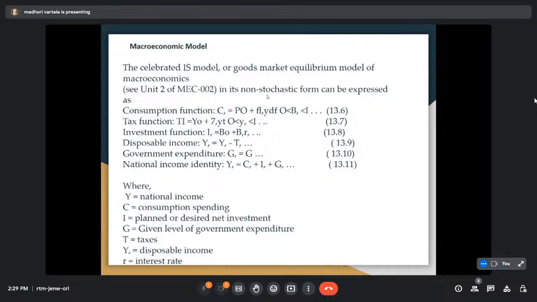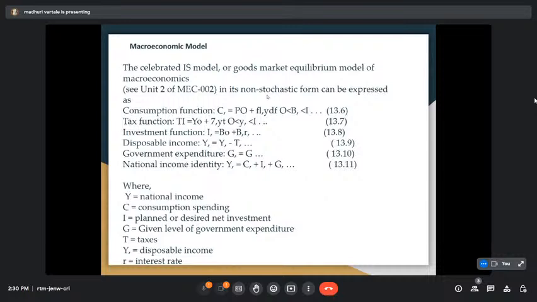See unit 2 of MEC 22. In its non-stochastic form it can be expressed as follows. We can show the consumption function, tax function, investment function, also the disposable income, government expenditure, and national income identity.